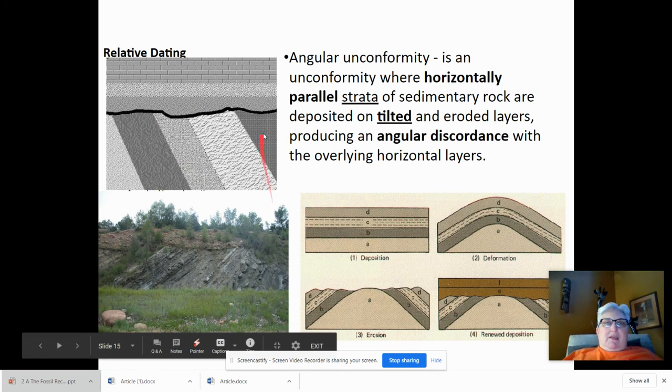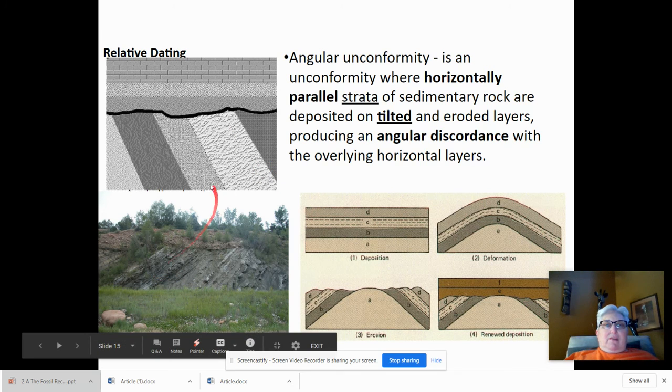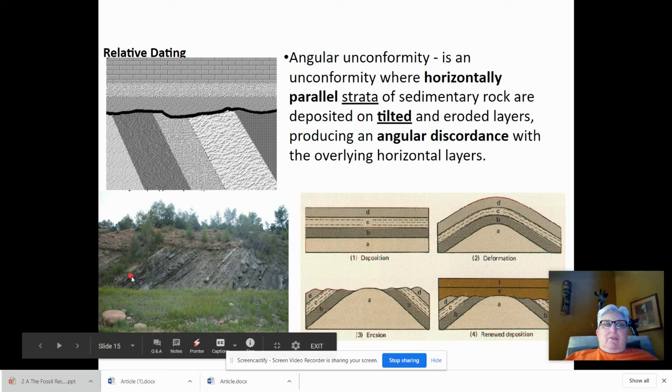Angles, we will see, that's another piece here. Instead of just horizontal like this, we start to see the different angles and tilts that the rock layers give us. And here is kind of a drawing, and then here you can see it in actual life. Here's that parallel striations.